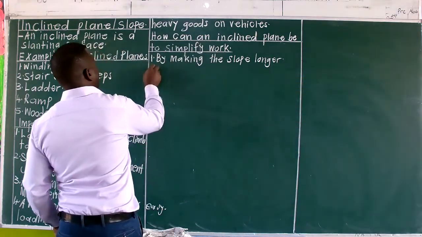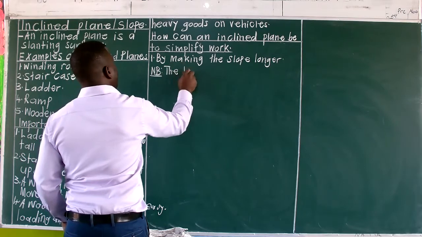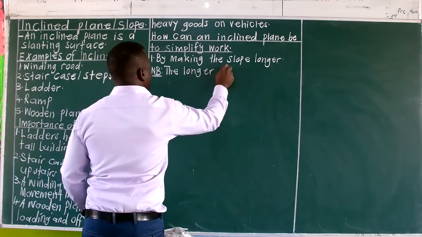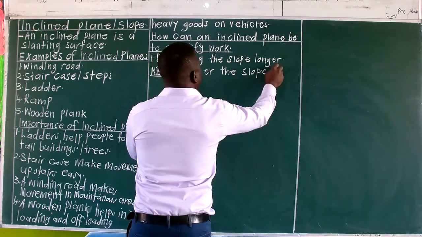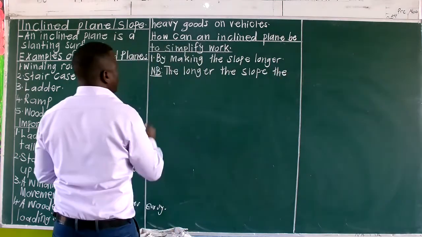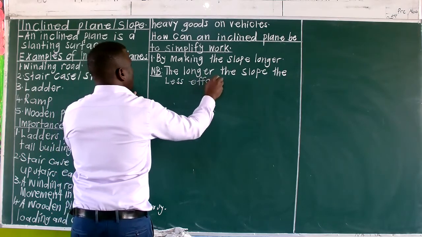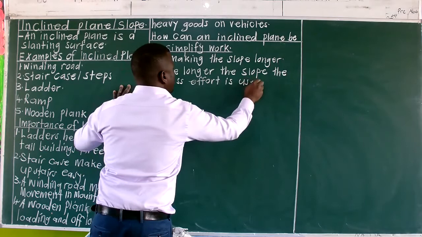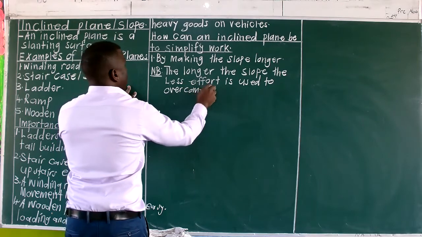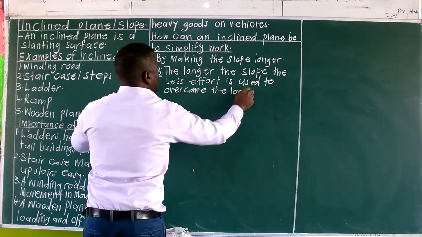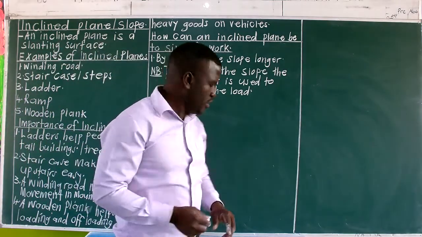So you can write NB: the longer the slope, the less effort is used to overcome the load.